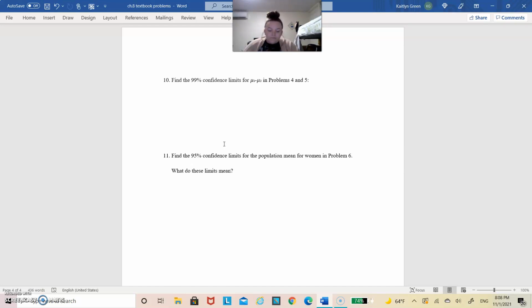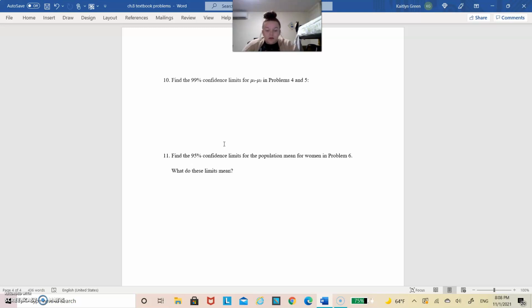What that all ends up looking like is we're going to take 10.75 minus 9.73 plus or minus 0.4, which was our sigma x bar 1 minus x bar 2 for, I believe, problem number 5.